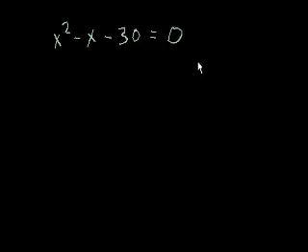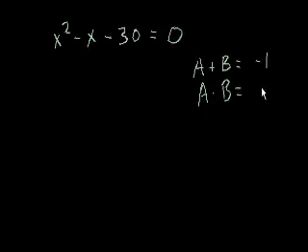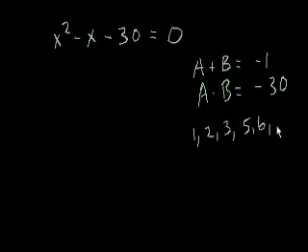So we could say those two numbers are a plus b equals minus 1, and a times b will equal minus 30. Well, let's just think about what all the factors are of 30. There's 1, 2, 3, 5, 6, 10, 15, and 30.